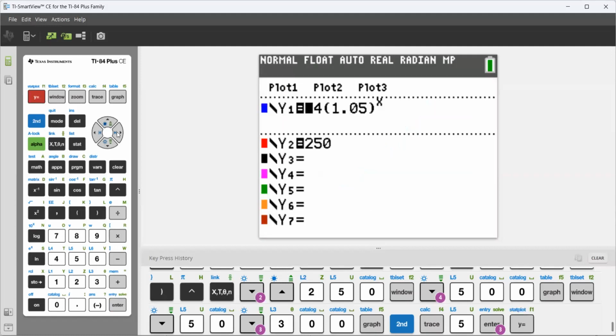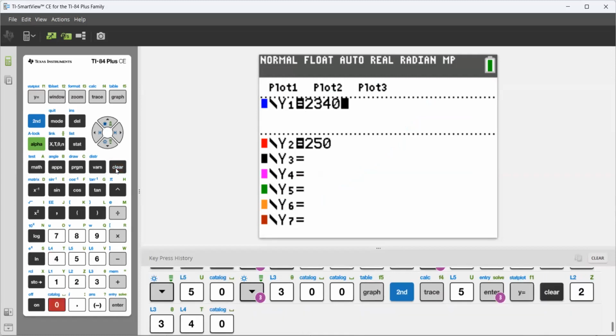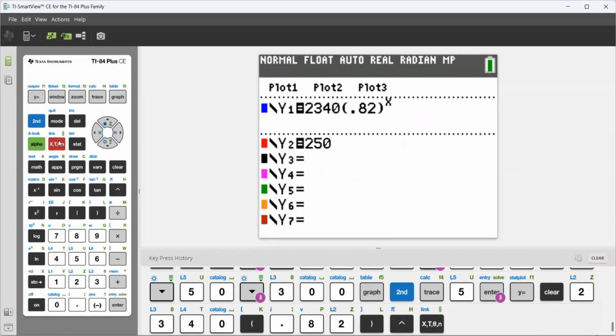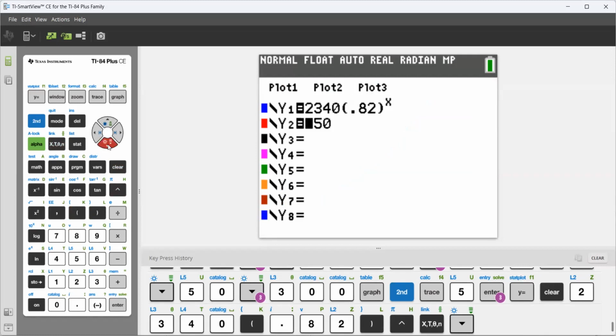I go to y equals, erase this, and then enter 2340, then parentheses 0.82 to the power x. Then I come down here and I'm going to do 1250.